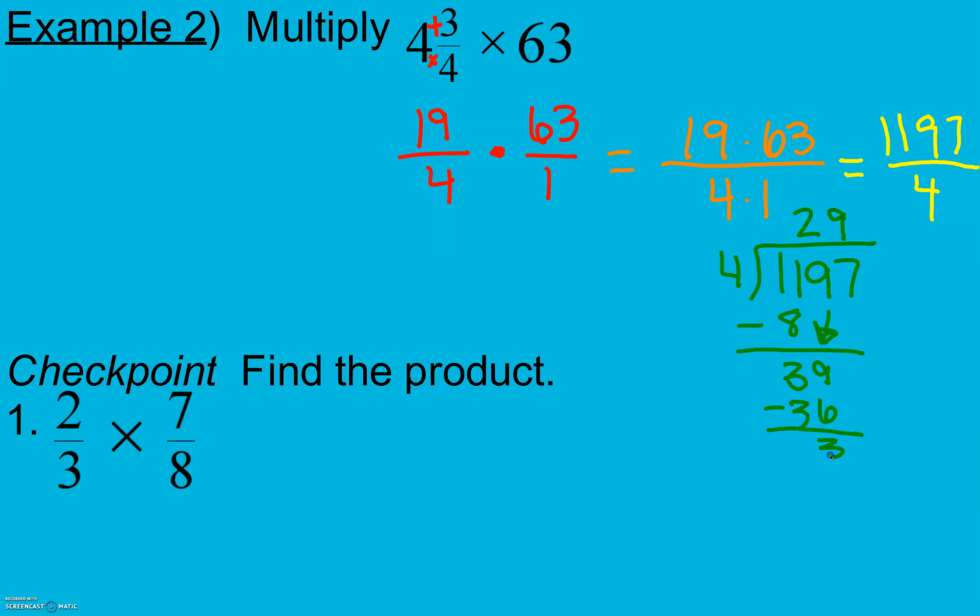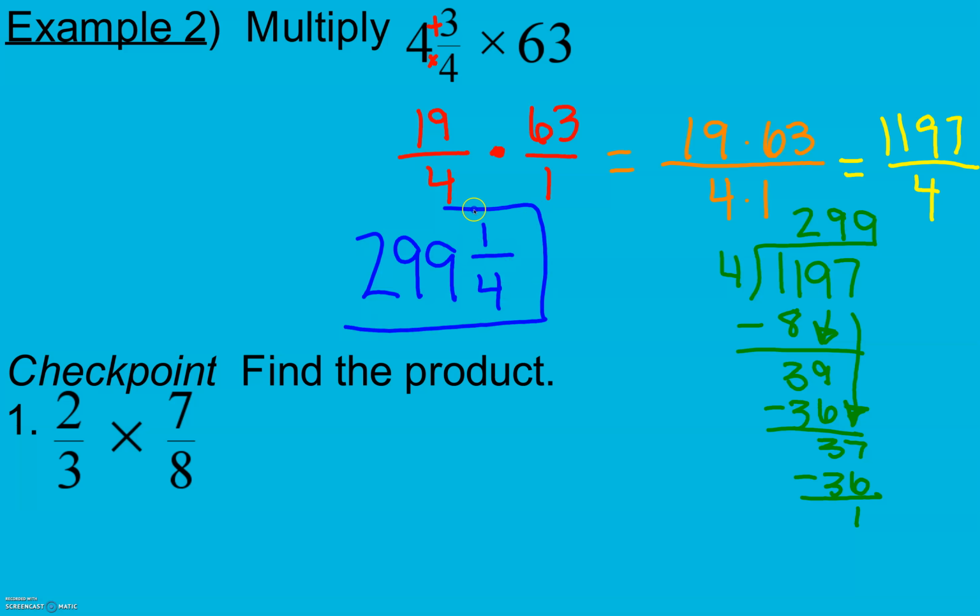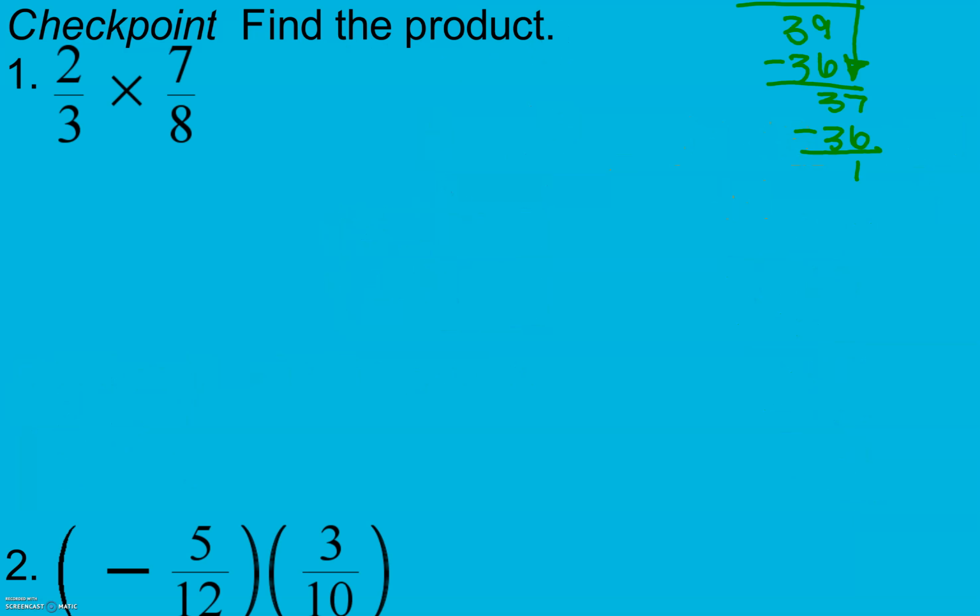I subtract and get 3, drop down the 7. 4 goes into 37 9 times, which is 36, and I have a remainder of 1. So my answer here is 299, and my remainder is my numerator over my denominator: 299 and a fourth.